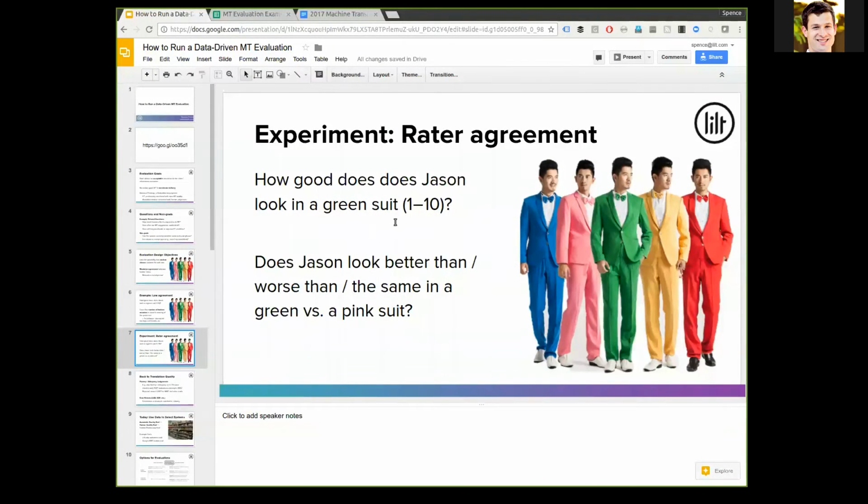And now let's look at two different questions. The first question we're going to ask is, how good does Jason look in a green suit? If you're watching this, just open up the chat window and send me a note with a score in the range of 1 to 10 for how good he looks in a green suit, and I'll tally up these results.